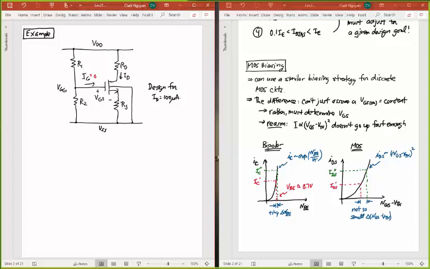And that's typically what you're going to want to do for these designs. You're generally designing to get a certain drain current, and you're doing that because that drain current will actually determine basically all the properties of the amplifier, if you're making an amplifier.